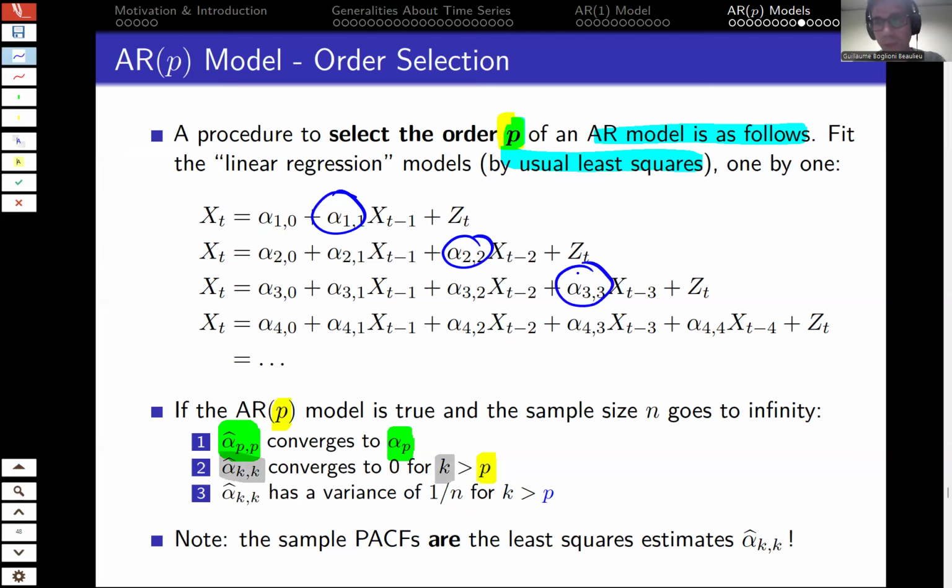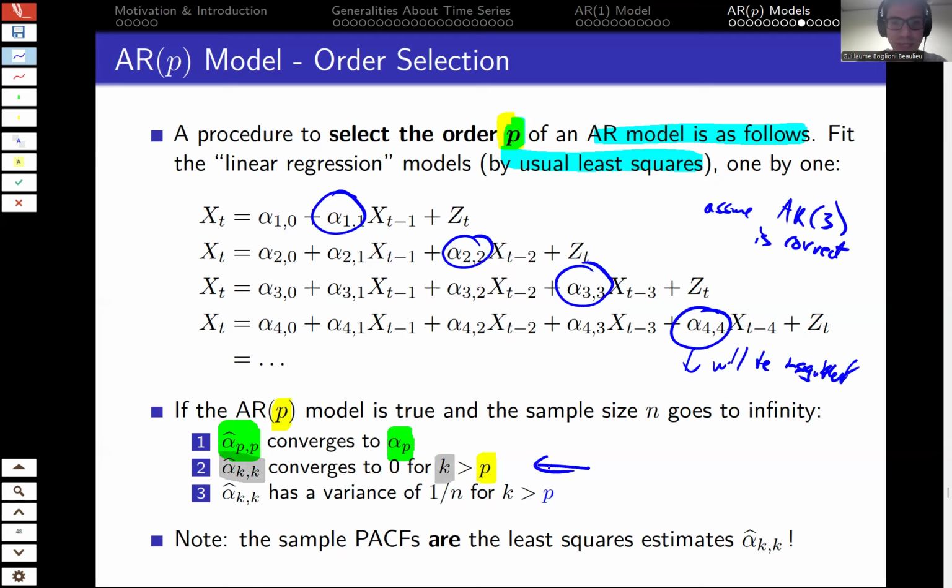This one will be significant. Again, here I assume the real process is AR3. So then you've tried this model, then you go to the next one. But then this one will not be significant. This will be insignificant.